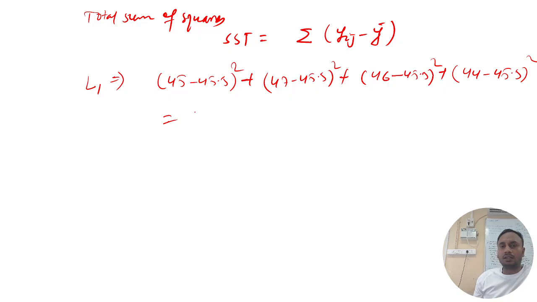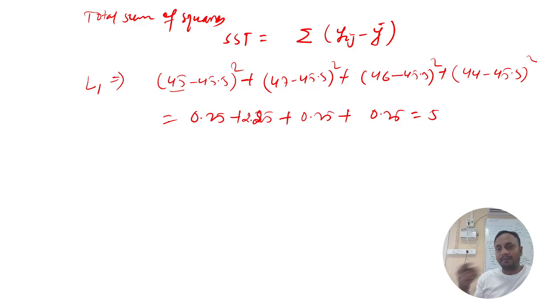If we calculate, 0.5 squared is 0.25, 2.25, 0.25, 0.25. Once we square, the minus will become positive. So it came to 5.